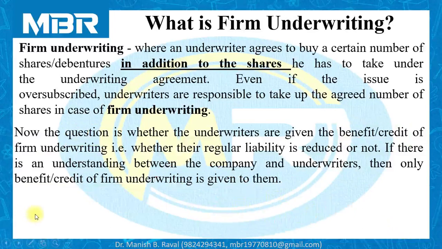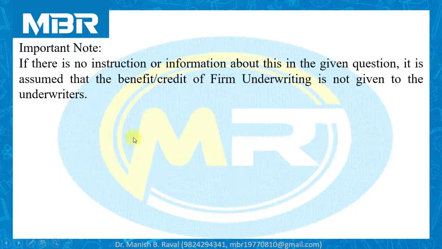Now, let us move to the next part of understanding. If there is no instruction or information about this in the given question, it is assumed that benefit or credit of firm underwriting is not given to the underwriters.